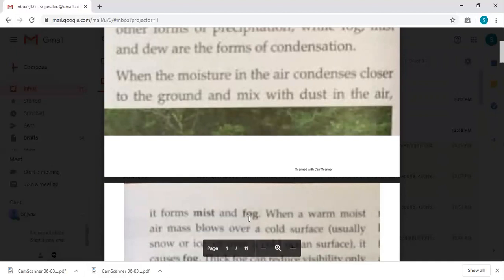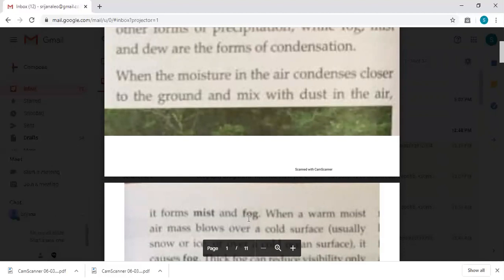Listen to me again. When condensation takes place at a higher level, meaning the water vapor starts to cool down after reaching a certain height, clouds are formed.